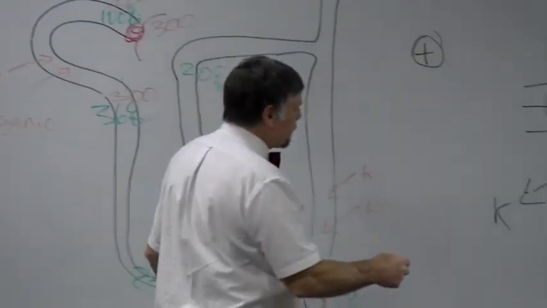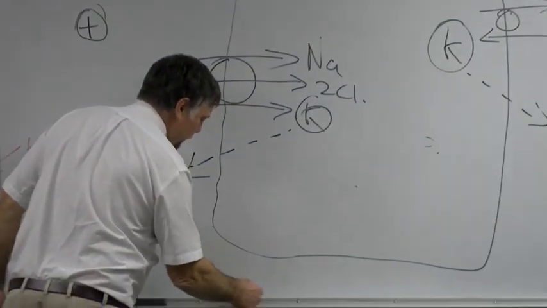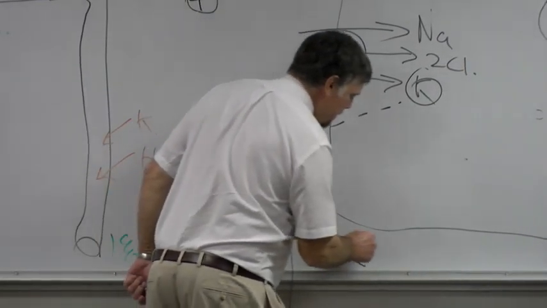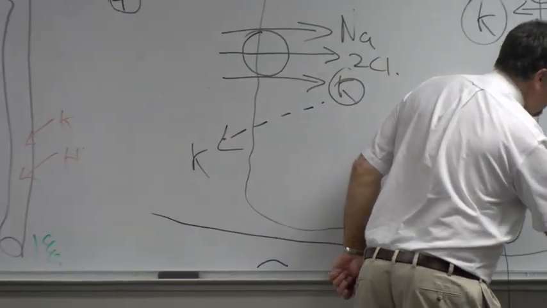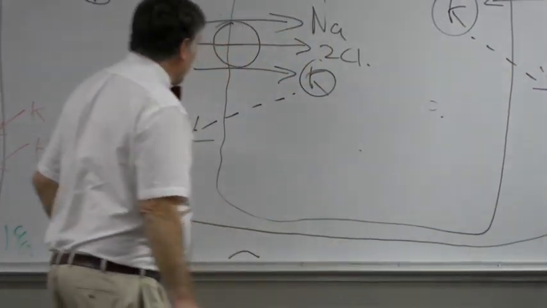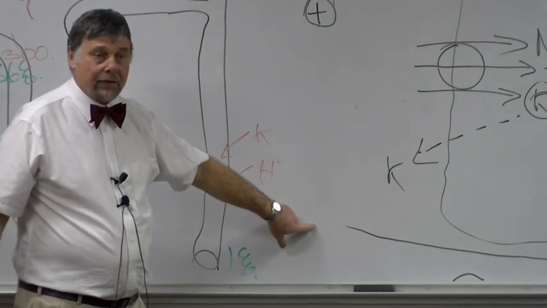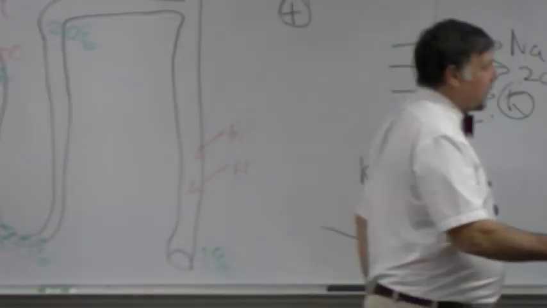We have more claudins in the loop of Henle. And this one's claudin 16 mostly. Because this is positive, claudin 16 will move cations, and so cations move through here.